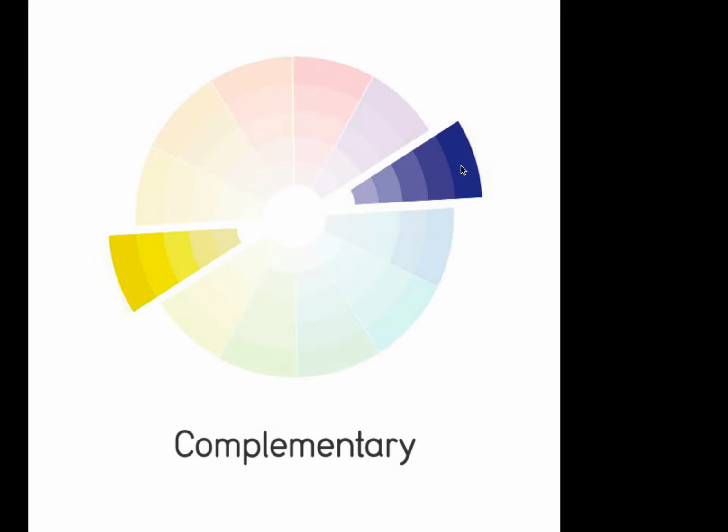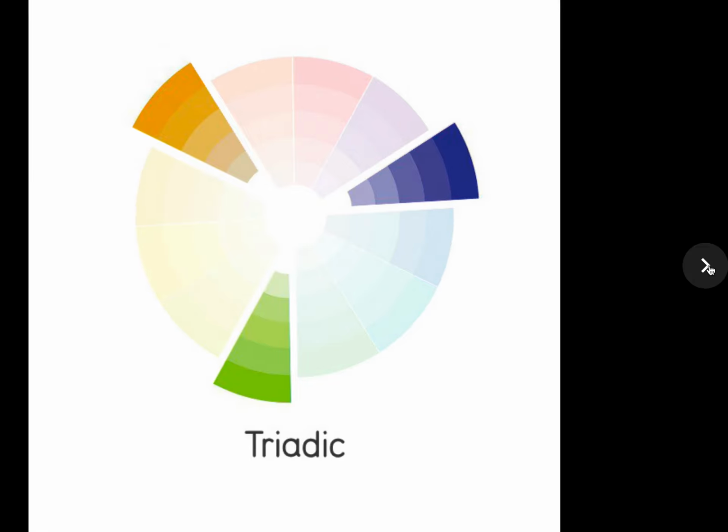Complementary are colors that are on the opposite sides of the wheel, and the complementary colors will pop a lot from each other because they are the furthest away from each other visually. And another way of choosing colors is to do a triadic selection, and this will give you a more unusual color combination.